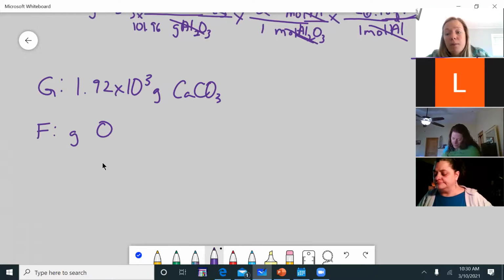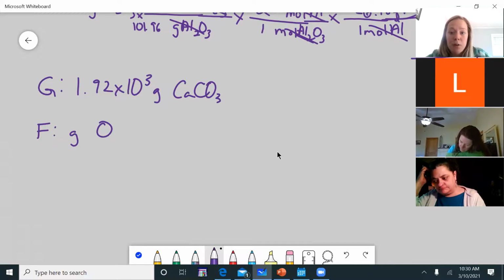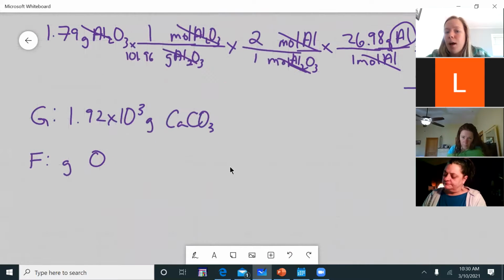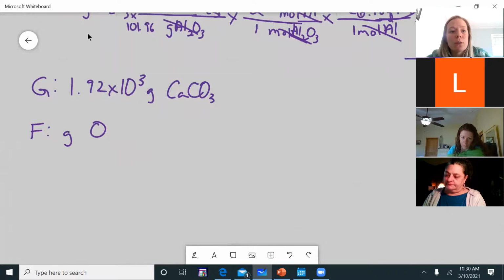So I'll give you 5 minutes for that. You might want to first start by drawing out your flow chart, so you can start to conceptually get what you're doing and then run through the calculation. But it is very much going to mirror what we did here. It's just a different compound and a couple different relationships.